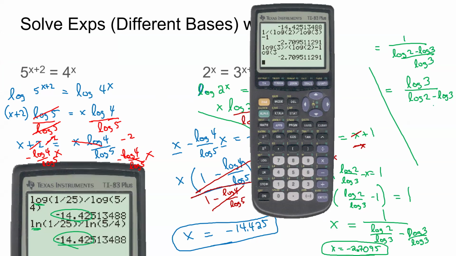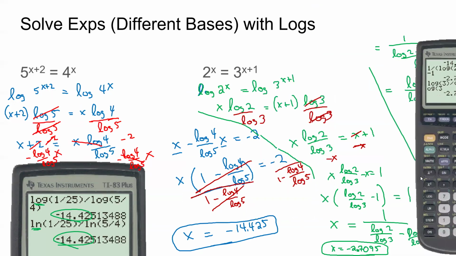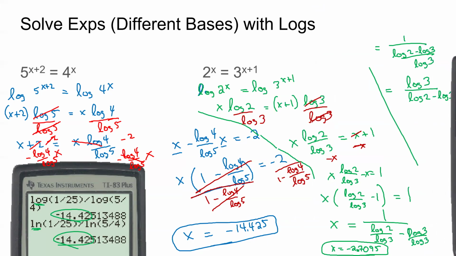So maybe, if you were going to walk away from it and not turn it into a decimal approximation, that looks a little bit better to me anyway than this fraction of fractions of fractions. Do what you got to do. I don't know what to tell you. Okay. But you will get the same answer.